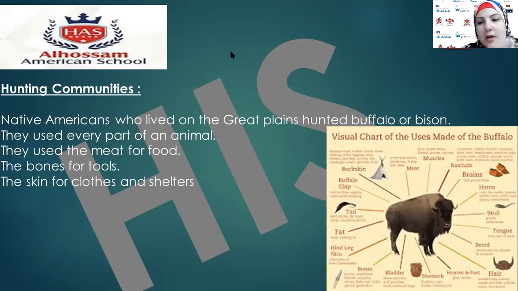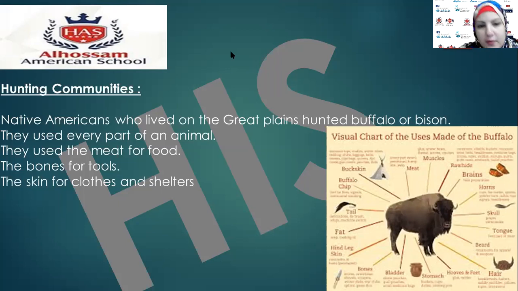As you see here in the picture, they use horns, meat, the tail, the legs, the bones, the hair, every part of the buffalo. They use every part of the animal, as I told you.